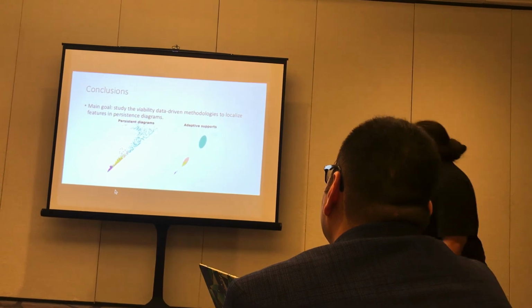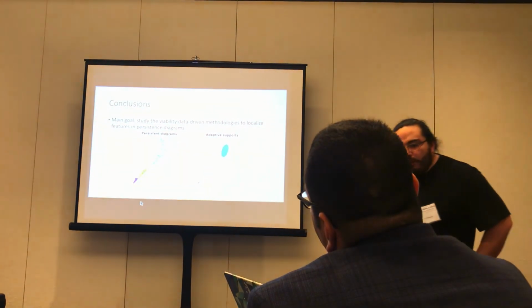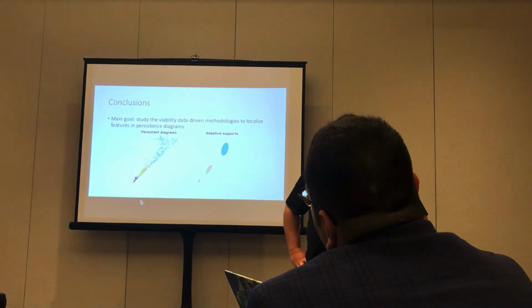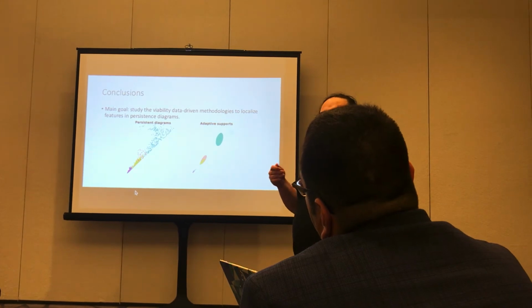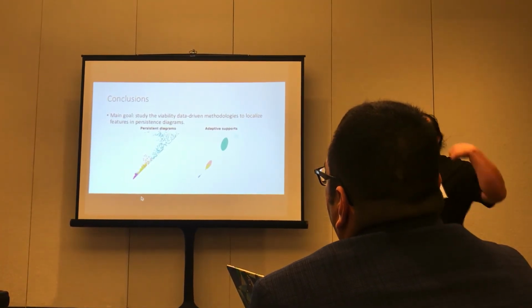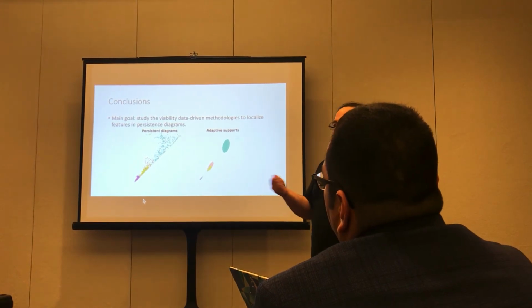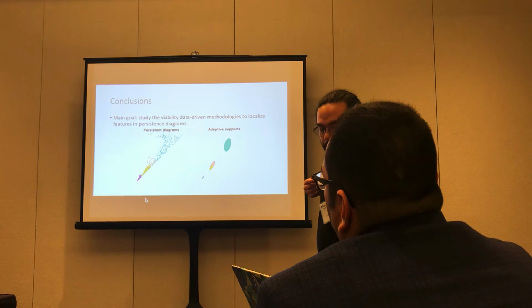So, what did we get out of this work? The main goal was to approach the feature selection and characterization problem in a way that is informed by the data I already have, in terms of the persistent homology, the persistence diagram that I obtain.